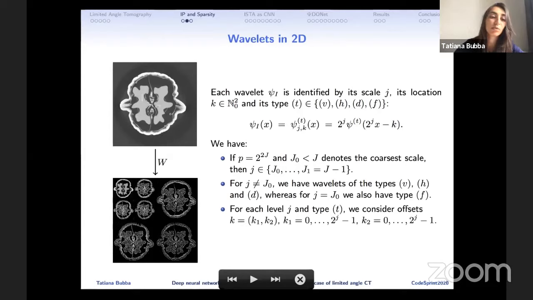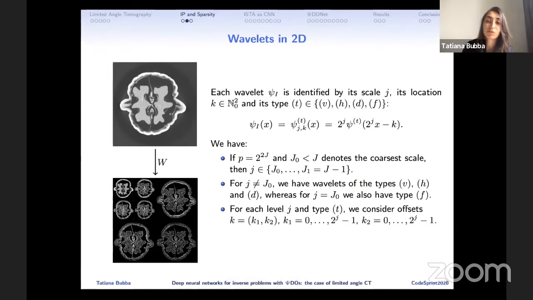Here we have 2 levels, so 2 scales, and these coefficients are, in order, the vertical coefficient, the so-called diagonal, and then the horizontal. If we had only 1 scale, we would have the low pass coefficients. But if we iterate the decomposition again, we have another level of vertical, horizontal, and diagonal coefficients, and here is the low pass part.